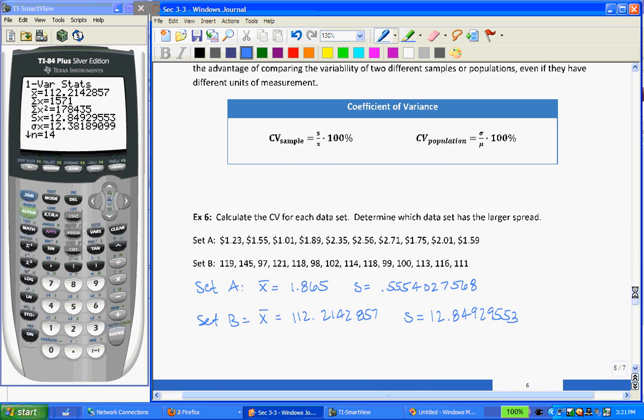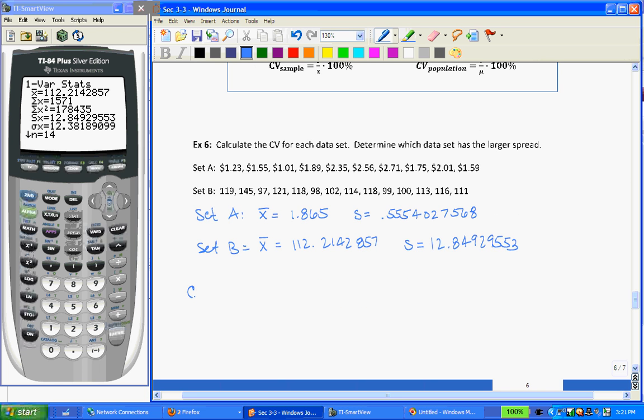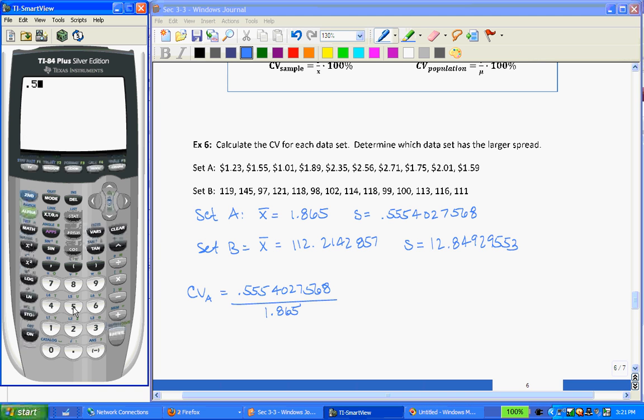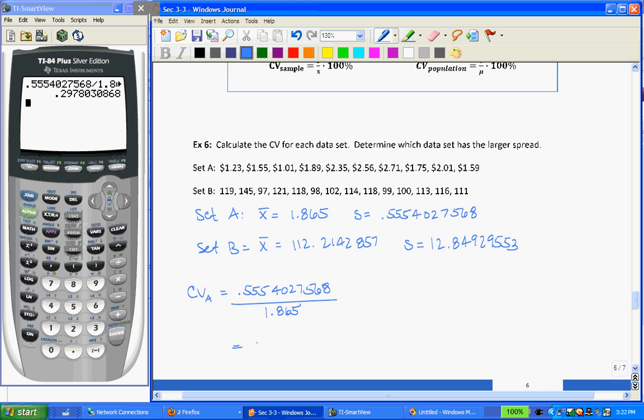Okay, so let's get the coefficient of variation here. So the coefficient of variation for set A is the standard deviation divided by the mean, times 100. So that's 29.78.